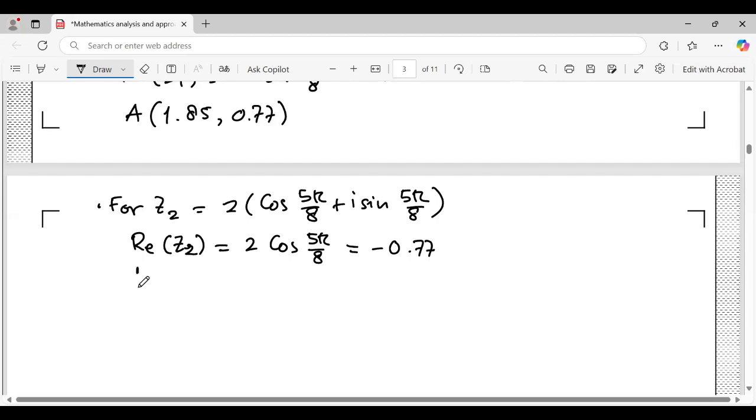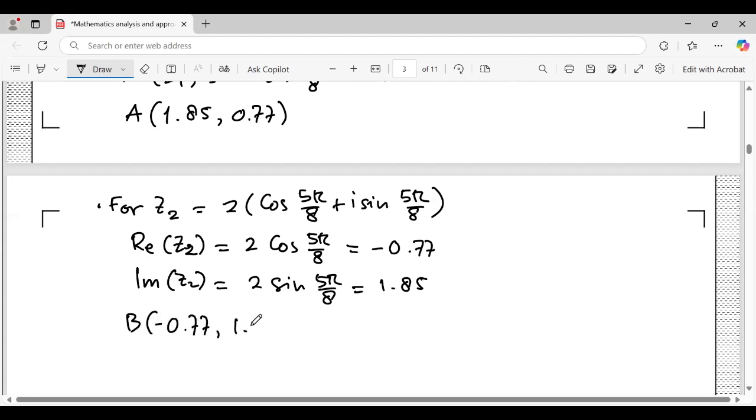The imaginary part of Z2 equals 2 sine 5 pi over 8, and if you calculate, the result is 1.85. This is B, with B coordinate minus 0.77, 1.85, and it is located on the second quadrant.